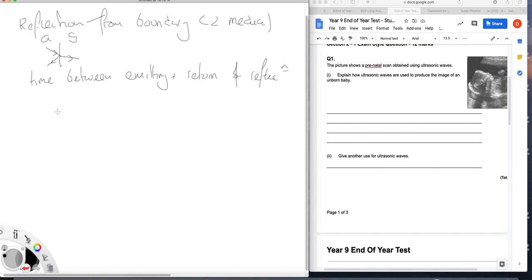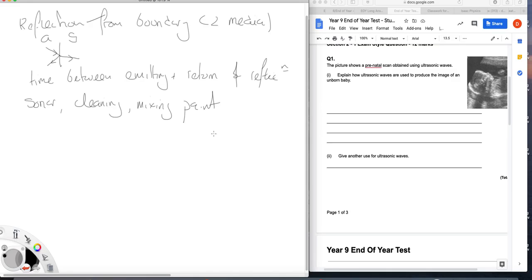So that's that. Another use, well, there's lots of these. Sonar, cleaning delicate machine parts, mixing paint. You can use ultrasound to do that.